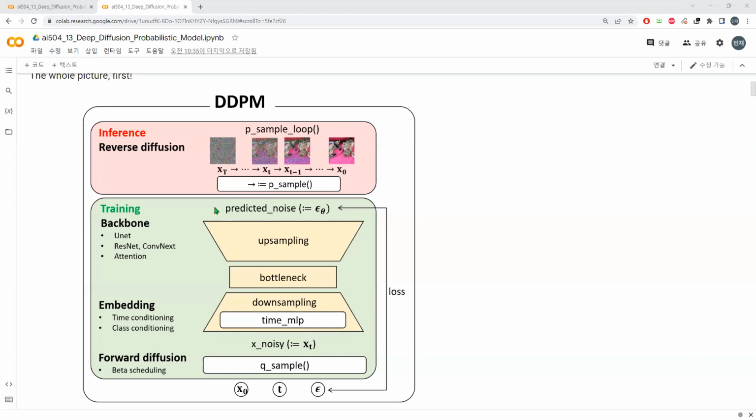That means we should go through this reverse diffusion in a stepwise manner. So this predicted noise is for a single time step.